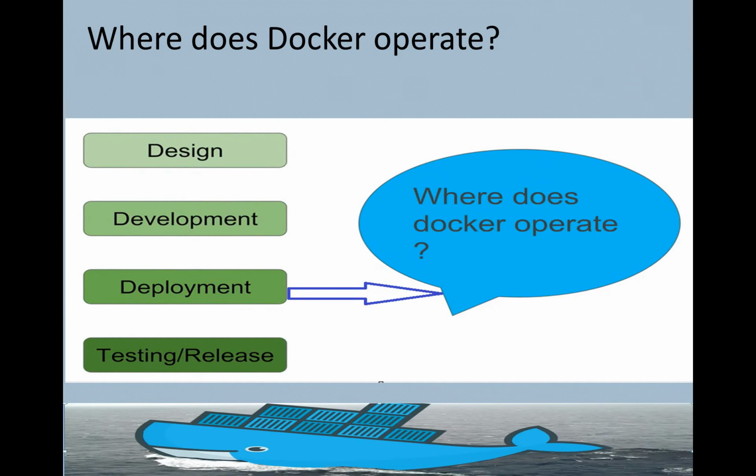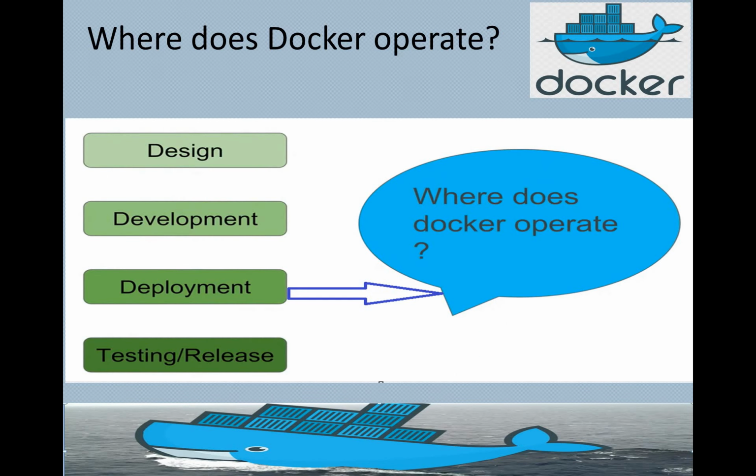Now next one is, where does Docker operate? So normally in the development life cycle, you can say design phase, development phase, deployment phase, and testing, and then release phase. Okay. So in all of these, Docker comes into the picture in the deployment phase.